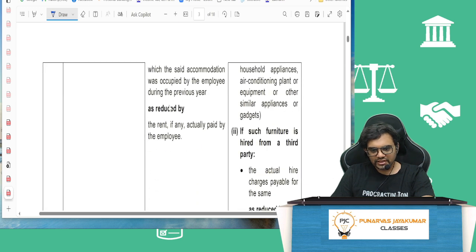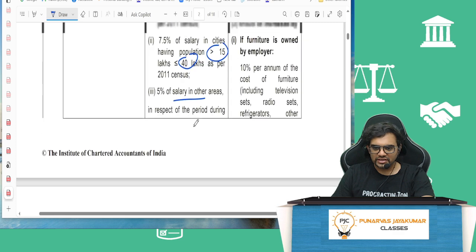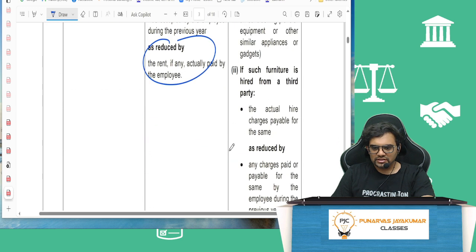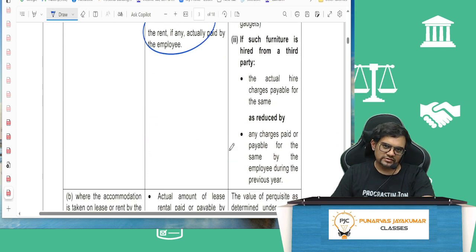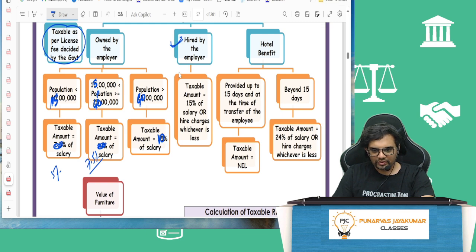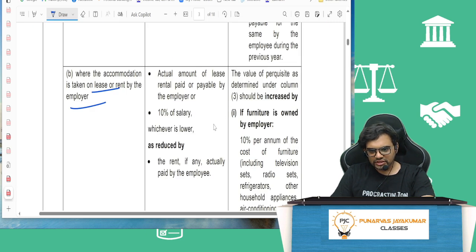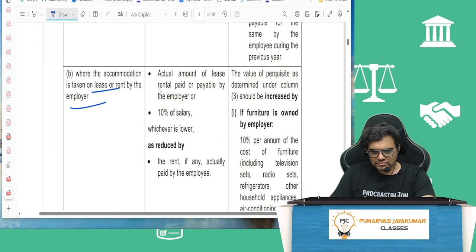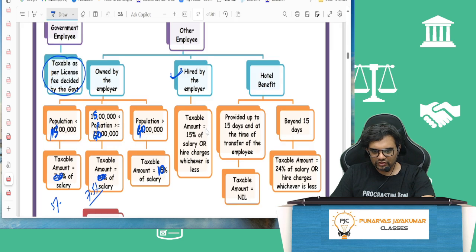As reduced by rent, if any, that is normal, whatever is there usually. And if it's owned by the employer, 10%. Otherwise, hire charges as reduced by these things. That's the same. Where the accommodation is taken on lease or rent by the employer, that means if it is hired by the employer, then the actual amount of lease rental paid or payable by the employer or 10% of salary, whichever is lower. So this will be 10%.